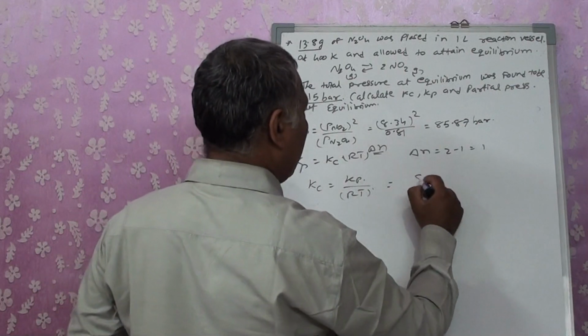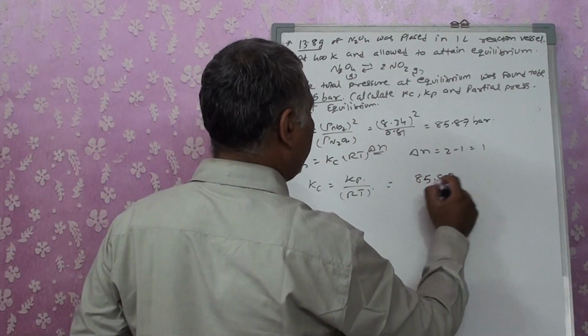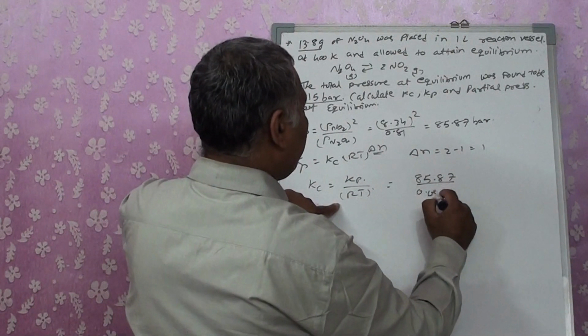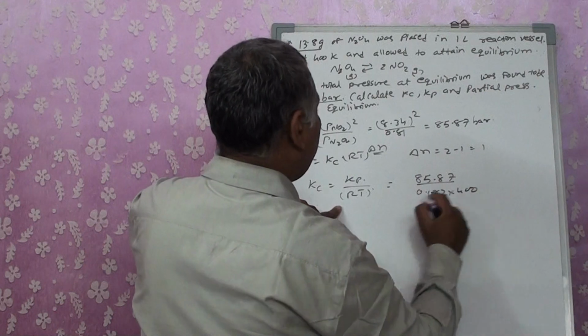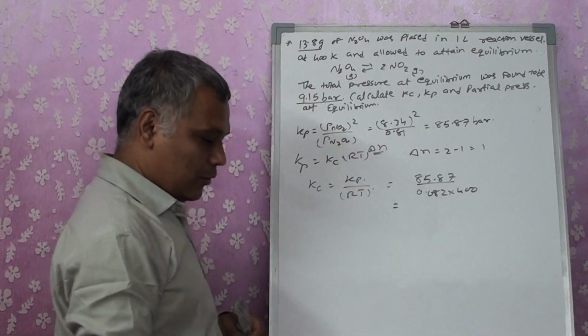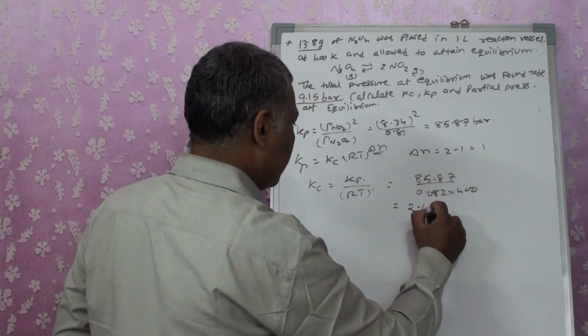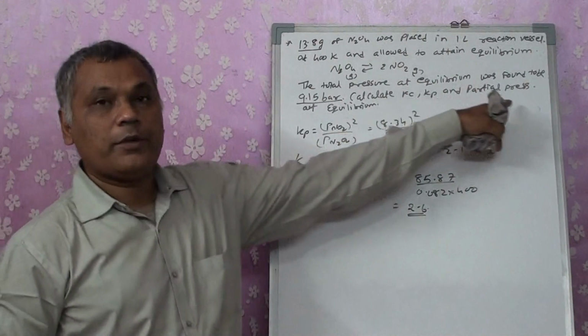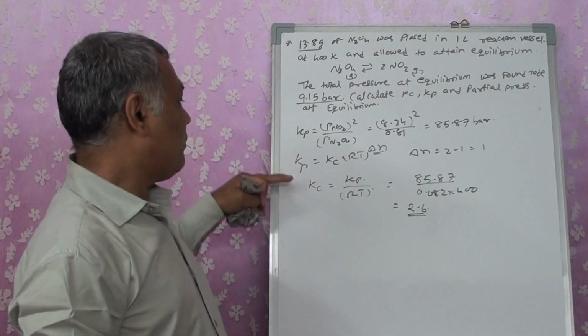We have Kp as 85.87, R is 0.082, T is 400. So we will get Kc equal to 2.6. So first of all, we got the partial pressures, then Kp, then Kc.